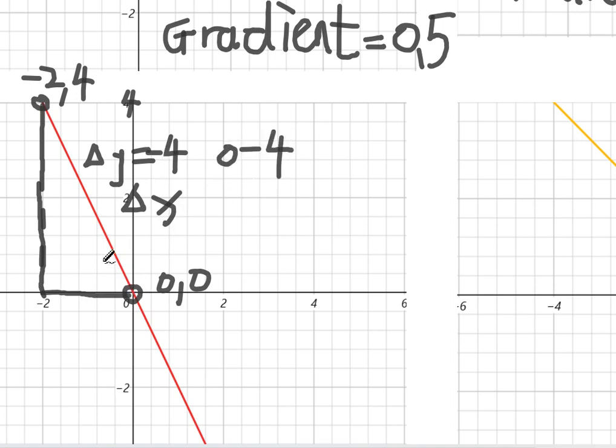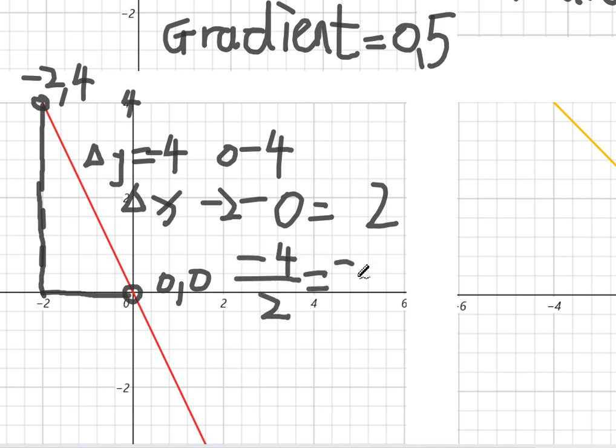Delta of x is interesting because it's -2 to 0, and you use 0 minus -2. We get 2. Mistake, sorry. Then negative 4 divided by 2, and the gradient is -2.